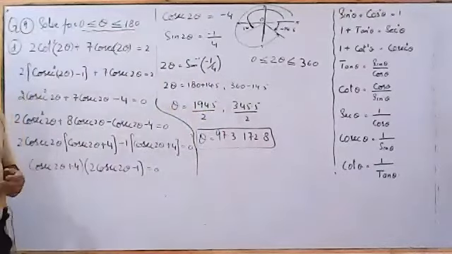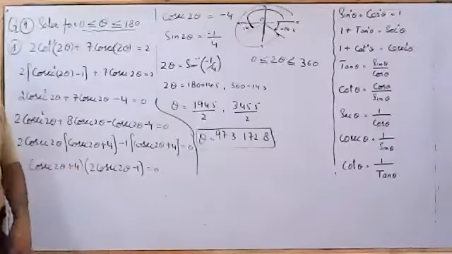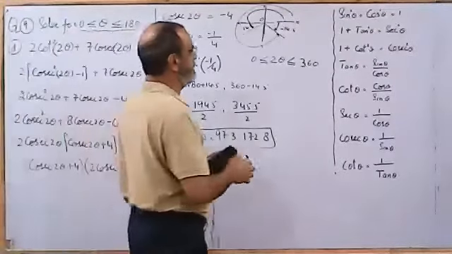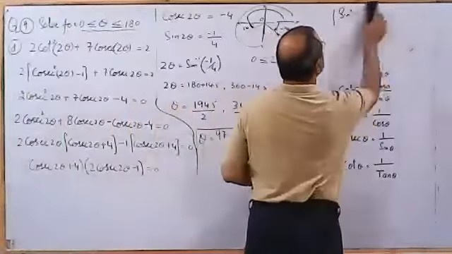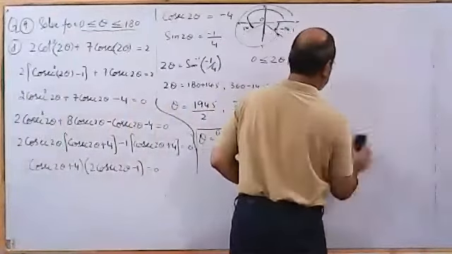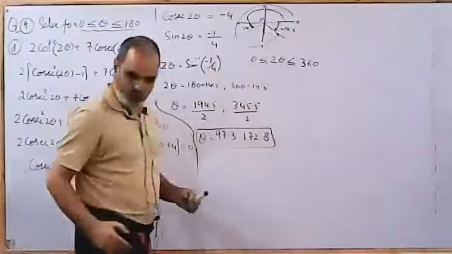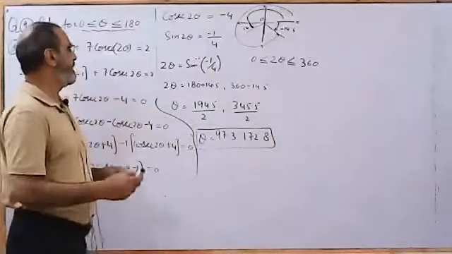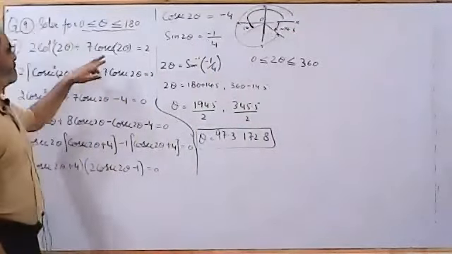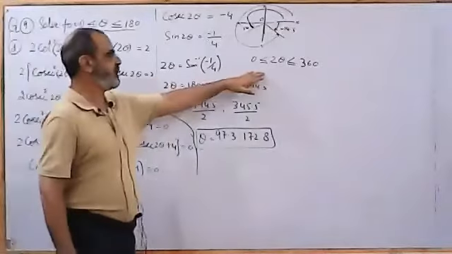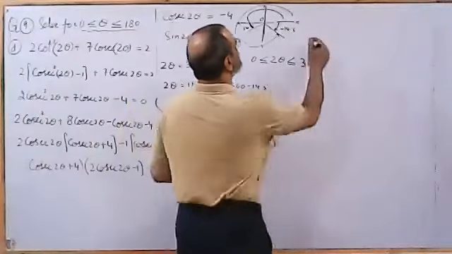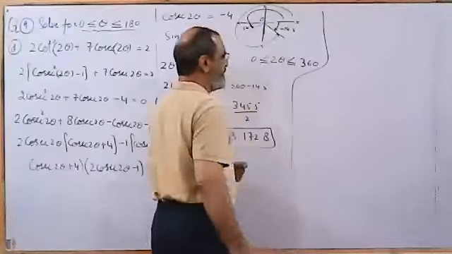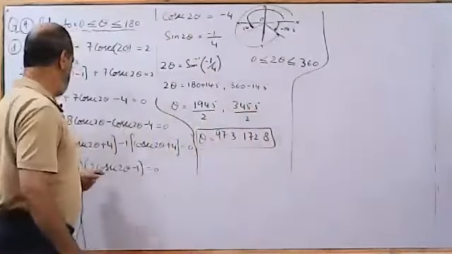Then I'll use the second factor to find the other values of theta. The only difference in this question is in the angle: instead of theta, 2 theta is used. So the range changes, and I have 4 quadrants available for me to find the value of theta.